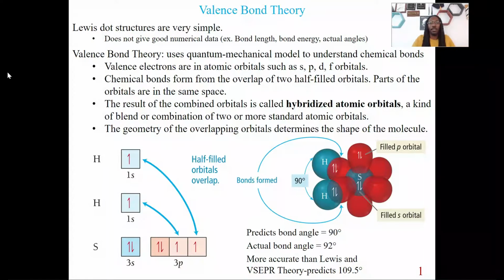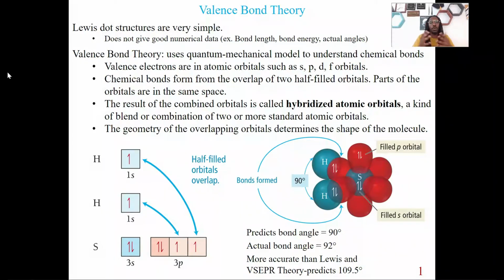Valence bond theory uses quantum mechanical models to understand chemical bonds. A couple of things to discuss before we jump in. Remember that valence electrons are always in your atomic orbitals: your s, p, d, and f orbitals. When we think about chemical bonds, they involve overlapping half-filled orbitals.